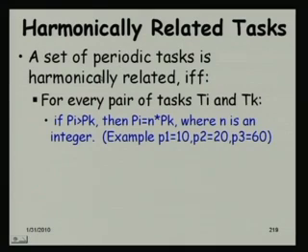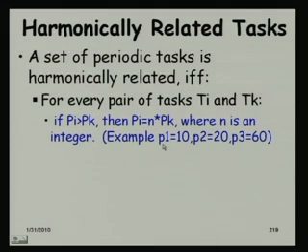So, now let us check the case for harmonically related tasks. We call a set of tasks harmonically related if whenever we take a pair of tasks Ti and Tk, if the period Pi is greater than Pk, then Pi will be n times Pk, where n is an integer.